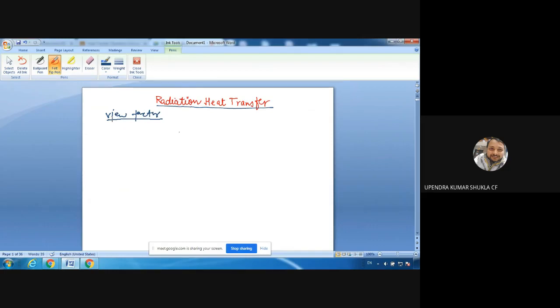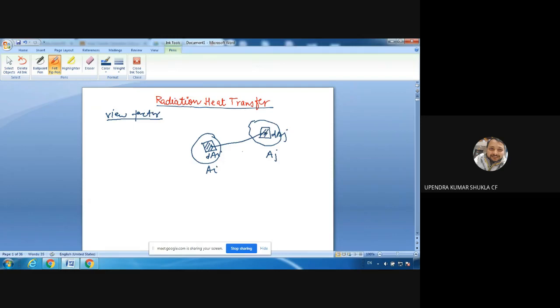So this view factor is defined as follows. Suppose there are two surfaces. This is the surface Ai, and the differential area of this surface is dAi, and there is another surface with some orientation. Area is Aj and the differential area is dAj. Since these are differential areas, they must be around a point.